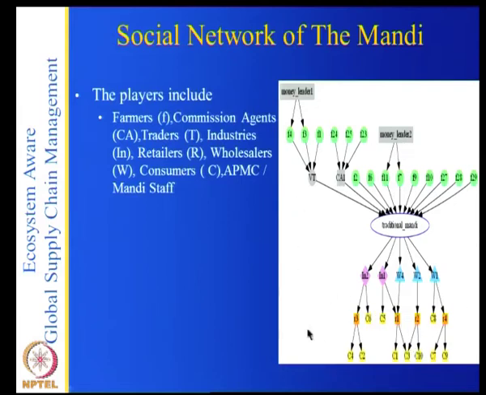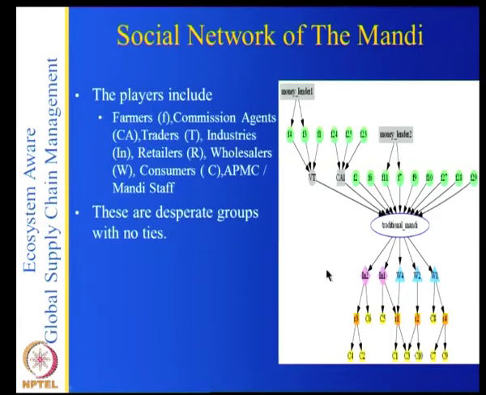So this becomes a big social network. But if you take a particular product like coffee or rice or potatoes or onions, then you can probably get a more focused social network.